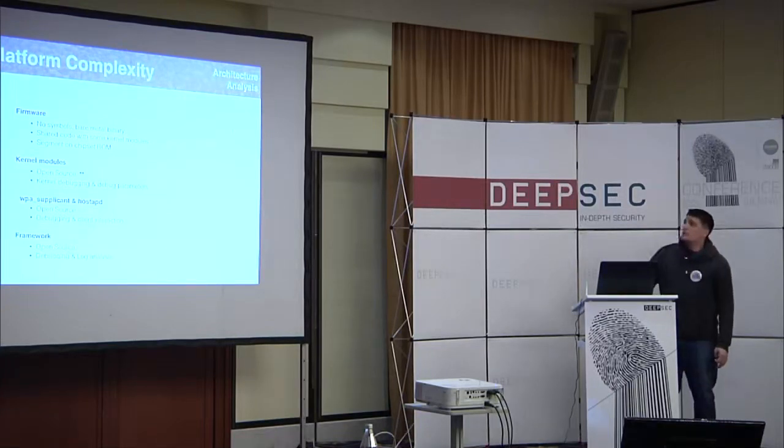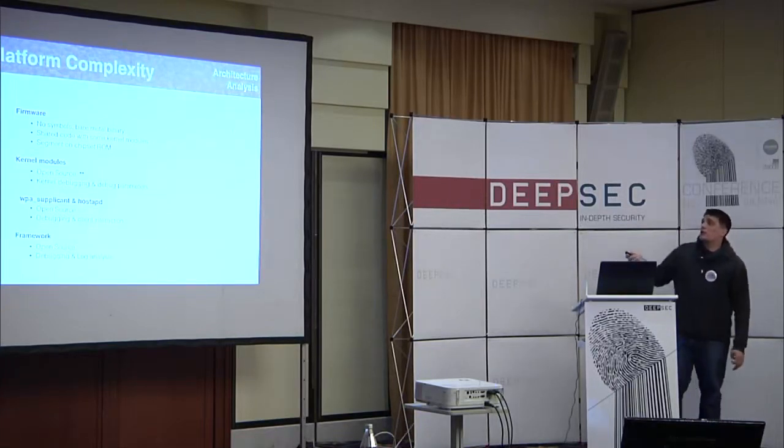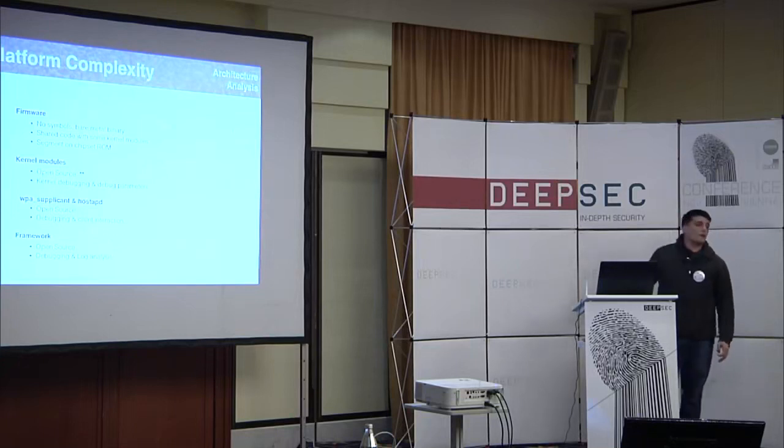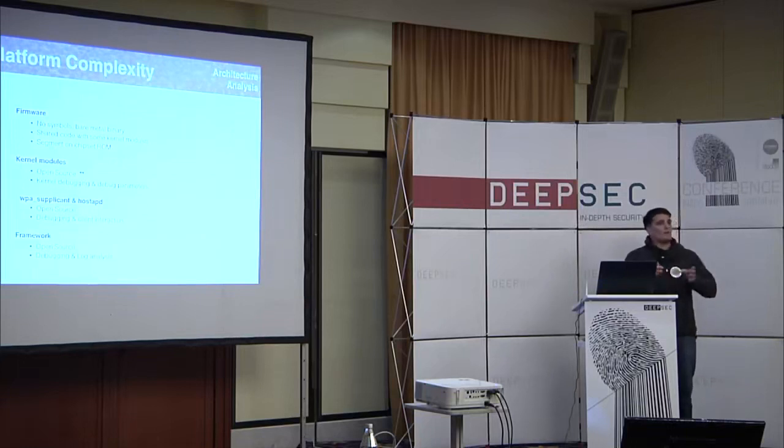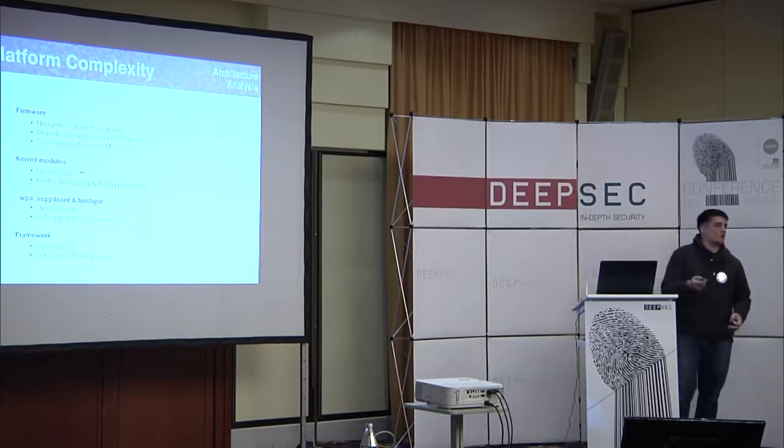So you can do analysis of the kernel module, because besides full MAC network cards, the kernel module is a thin kernel module. They usually don't do too much of the work because the firmware is doing a lot of the work. But if you check the kernel, you usually get information about what chipset it is or what type of architecture it is.